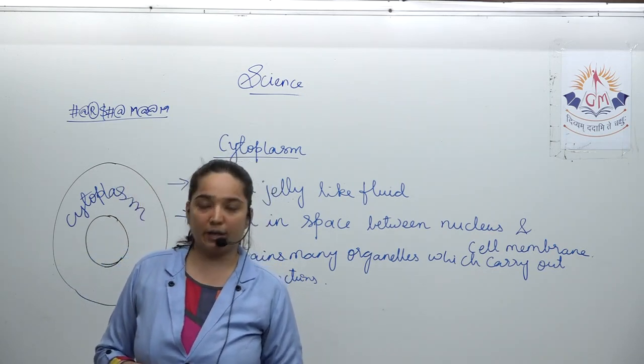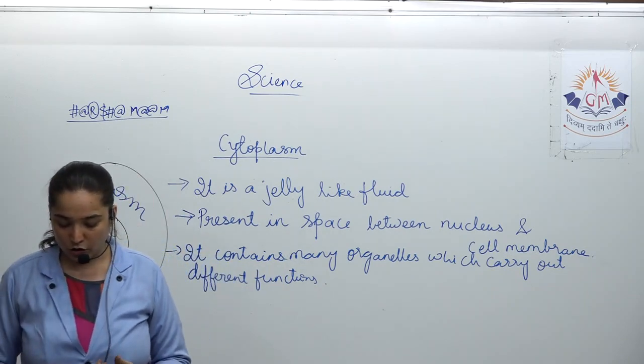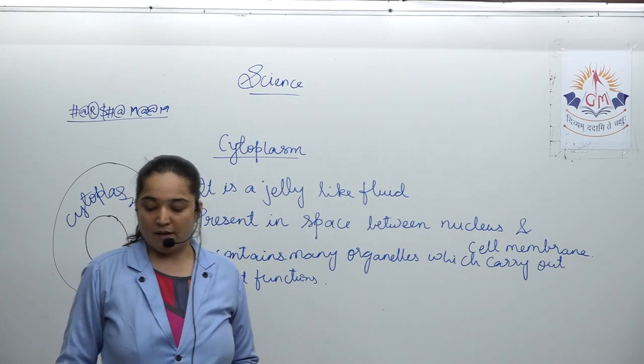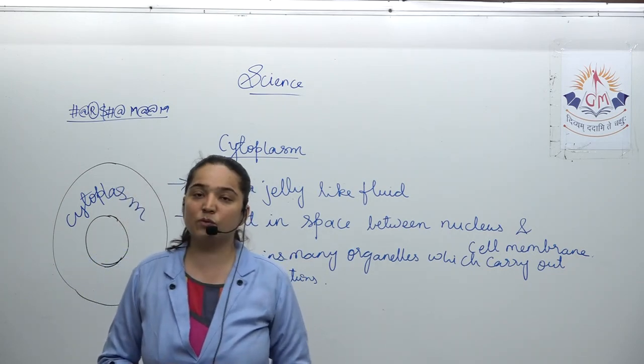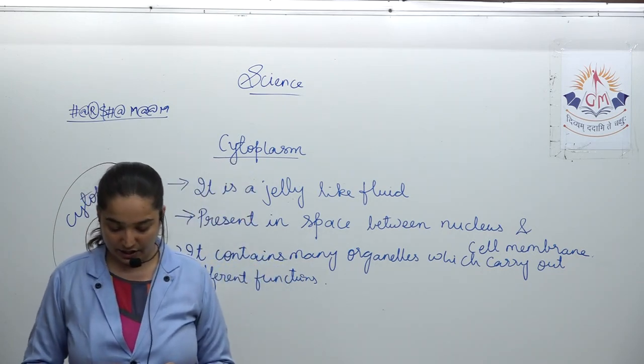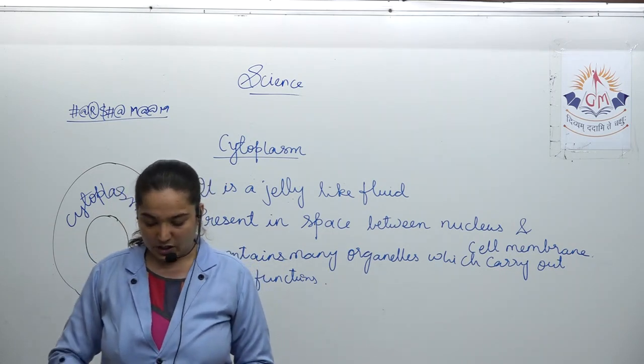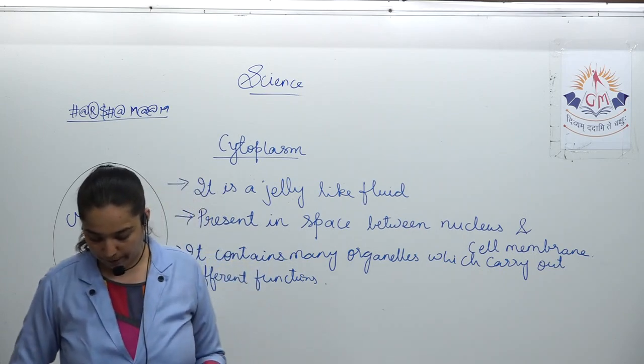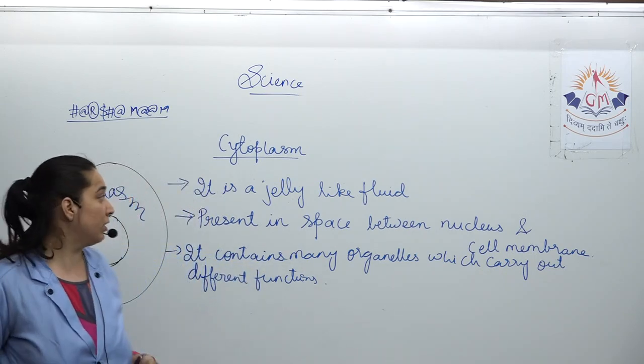We will do it in detail when we study all the organelles present in the cytoplasm. It is given in your textbook when there is a comparison. So let us move further.